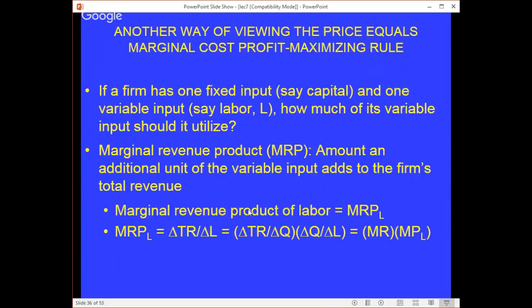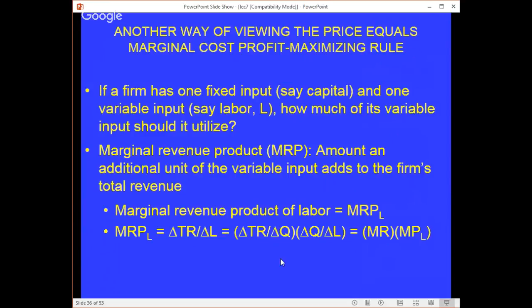I can rewrite that as the change in total revenue with respect to the change in Q times the change in Q with respect to the change in labor. Now, here, this is marginal product, and this is marginal revenue. Mathematically, it's just a math trick. I multiply by 1. I multiply by the change in Q over the change in Q, and rewrite the equation.